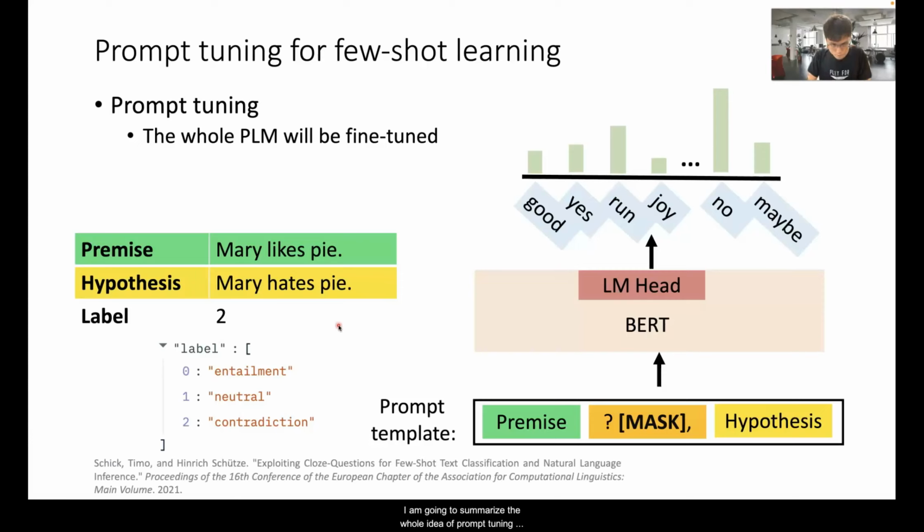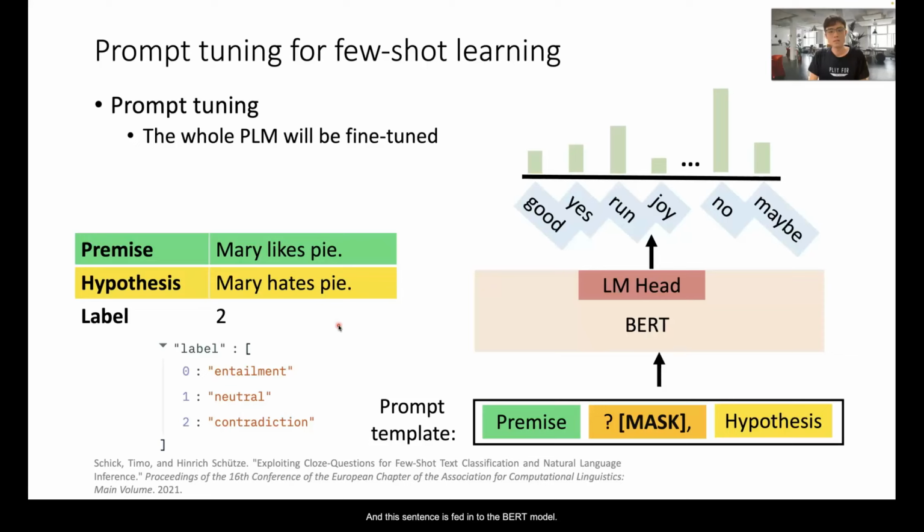I'm going to summarize the whole idea of prompt tuning using the following slide and example, which is a data point drawn from an NLI dataset with the premise Mary likes pie and the hypothesis Mary hates pie. Given this data point and the predefined prompt template, the data point is converted into the sentence: Mary likes pie, question mark, mask token, comma, Mary hates pie.